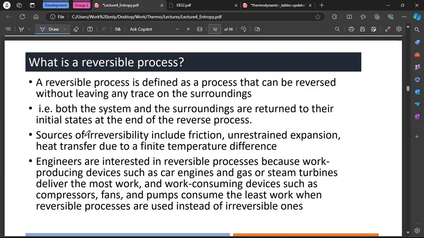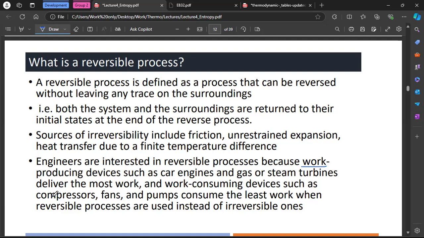So engineers are interested in reversible processes because, and this is the main thing, work producing devices such as car engines and gas and steam turbines deliver the most work, right? So if you have a system that is reversible, remember we said this earlier, that a reversible process is the highest thing you can achieve. You can't go beyond that. If you have a reversible process, it is going to deliver the most work possible, right?